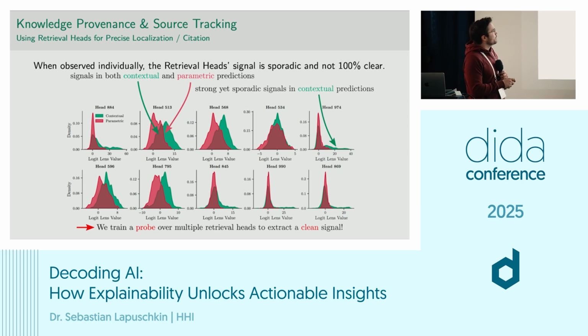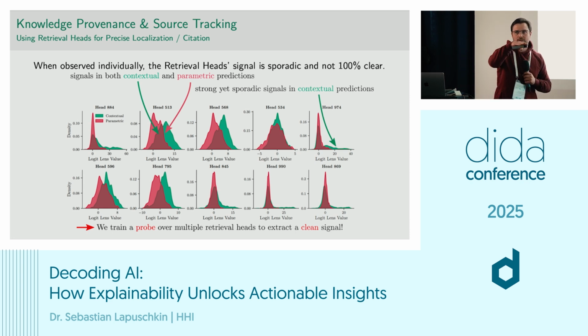If we have parametric tasks, this is the red bell curve, and green shows the contextual tasks. We see that while retrieval heads are in general more active in contextual settings than in parametric settings, the signal is not always clearly divided, so there's a certain overlap. And on the other hand, some retrieval heads only activate sporadically, which means we have this low density here.